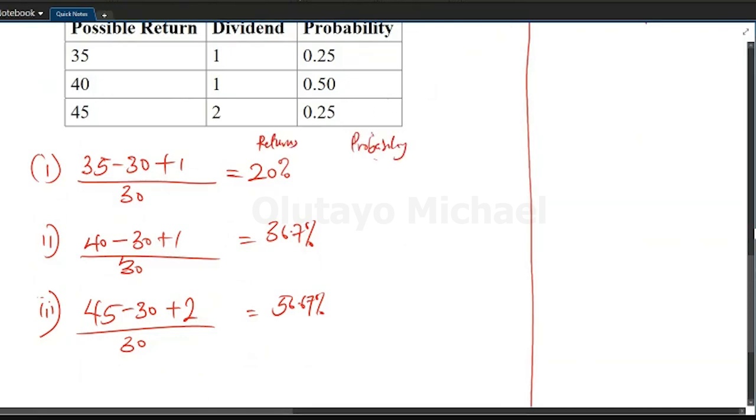So the probabilities are 0.25, 0.5, 0.25. So probability times the return, right?